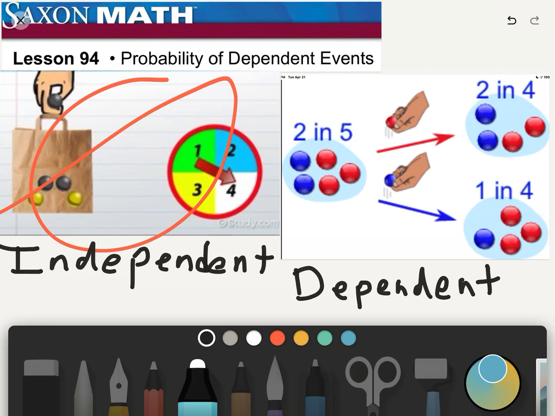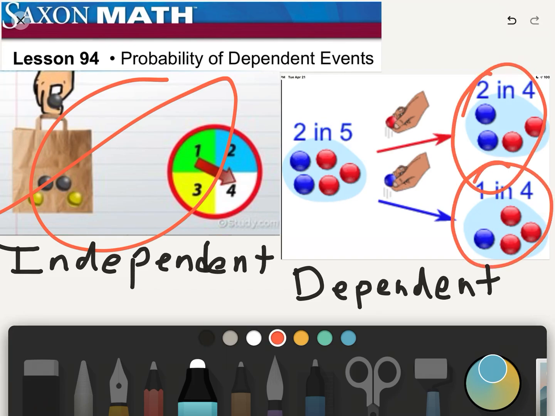As in, what happens here is dependent on what exactly happens here in this event. So these are dependent events.